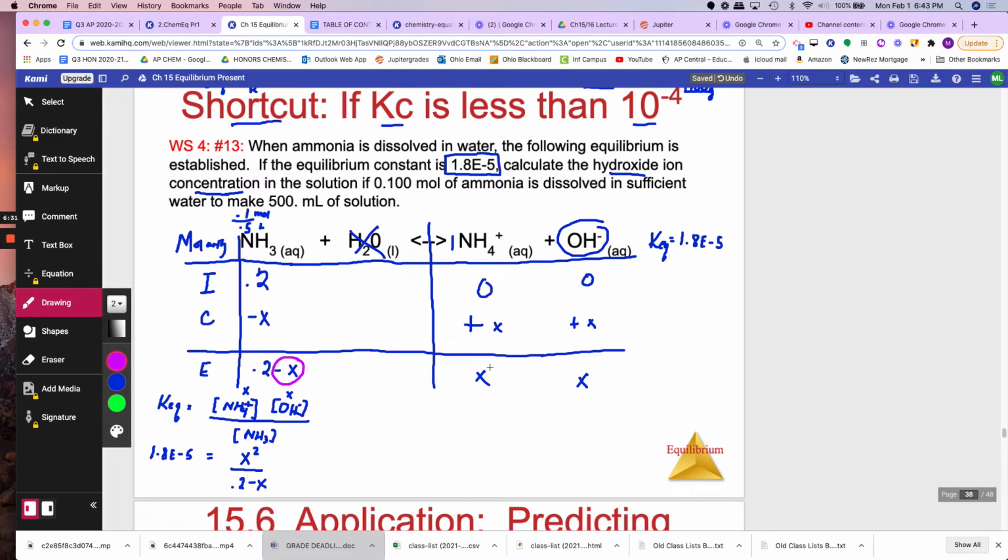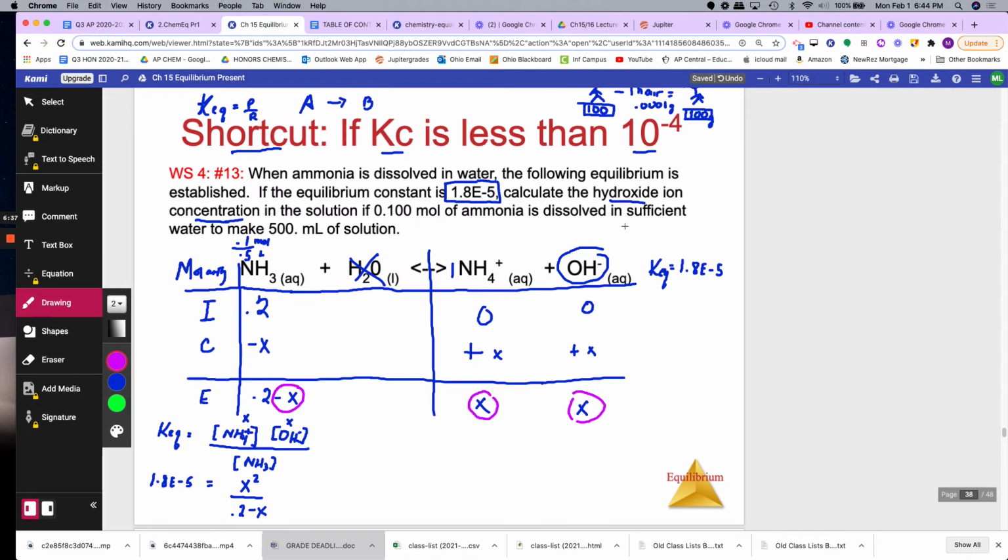You're going to have a very small x right here because the equilibrium constant is very small, which means you will make very little product and you will use very little reactant, which means that this reactant that you're using is negligible.